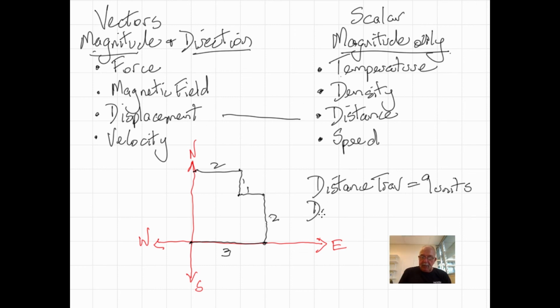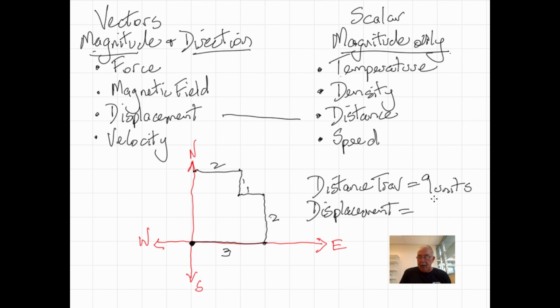The displacement is the net result of where this object is finished in relation to where it started from. So if it started here, it has really only moved 3 units away from where it originally started from.